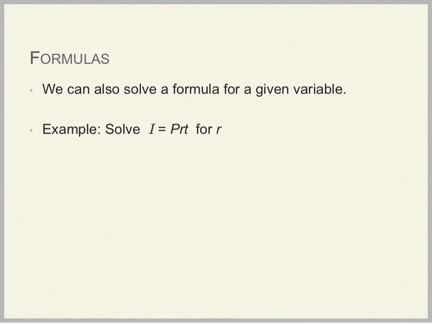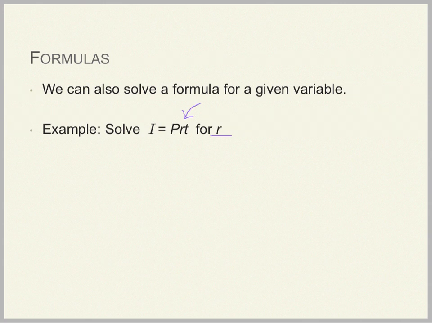Sometimes, though, we want to solve a formula for a given variable. Again, working with our simple interest formula, interest equals principal times rate times time, we want to solve this for R, meaning I'm trying to isolate R by itself, or get R equals.